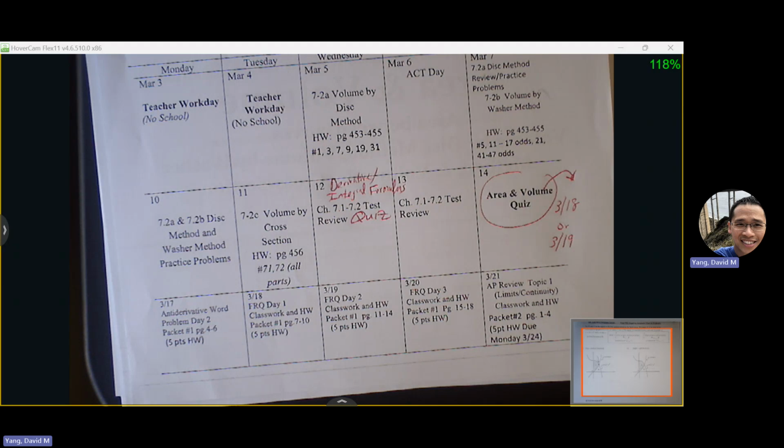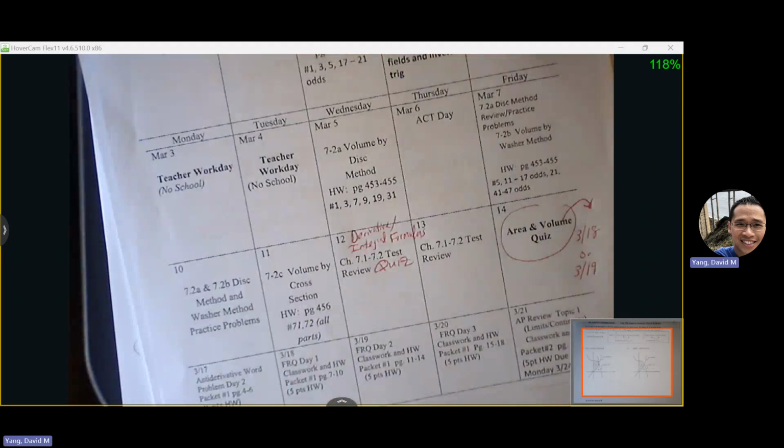Can you give me a sense, if it doesn't take too much time, of the questions that test my understanding? Let me see. I thought I put something on the back.